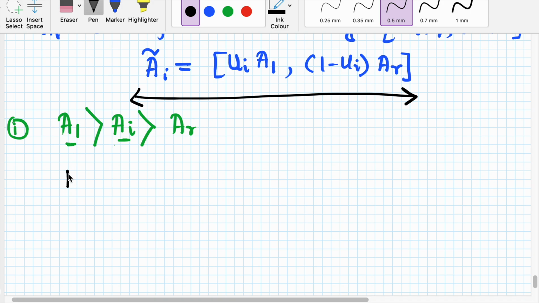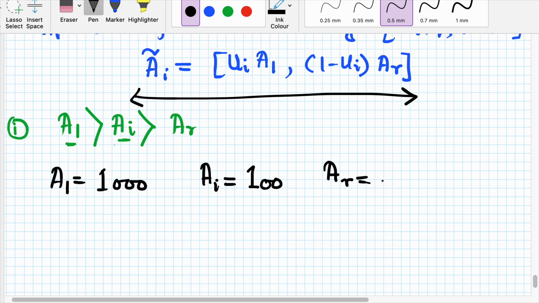Suppose A1 is 1000 rupees, Ai maybe 100 rupees, and AR is 10 rupees.